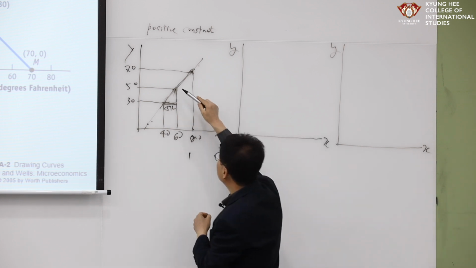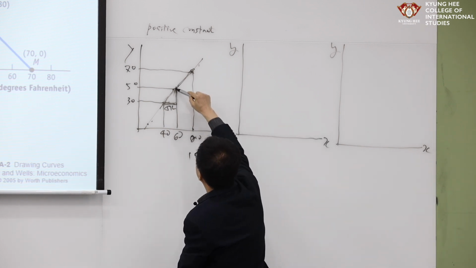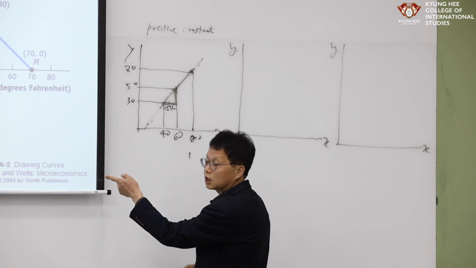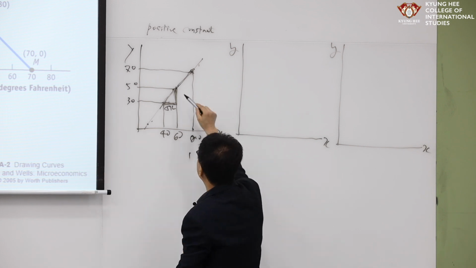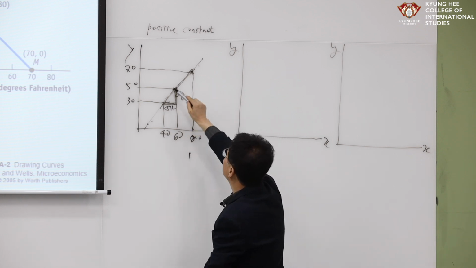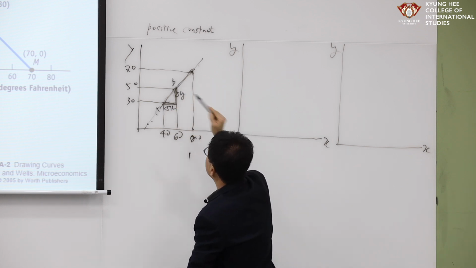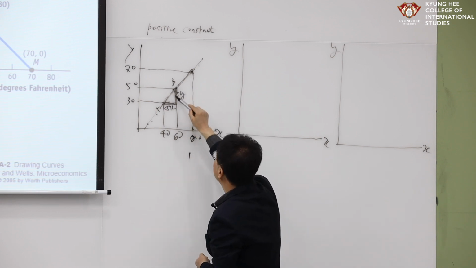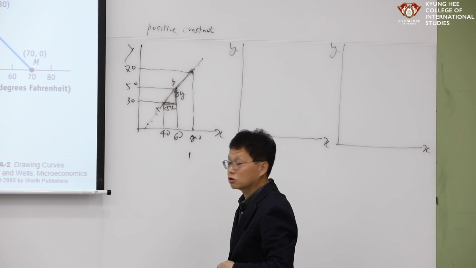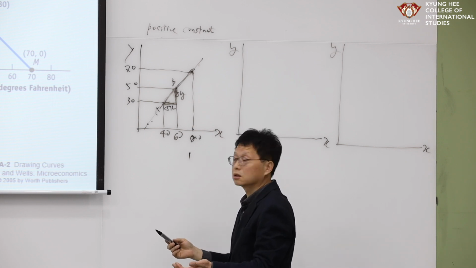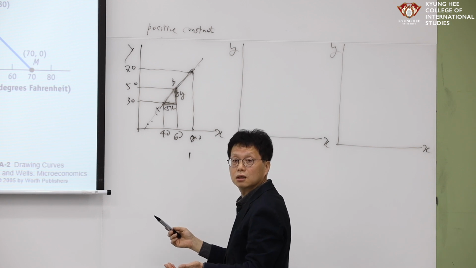Now also think about this one: 50 minus 30. That was the change in y in our earlier calculation. That is the change in y when we're moving from A to B. So changing rate is the gradient of this triangle: change in y over change in x. That is changing rate. Can you understand?